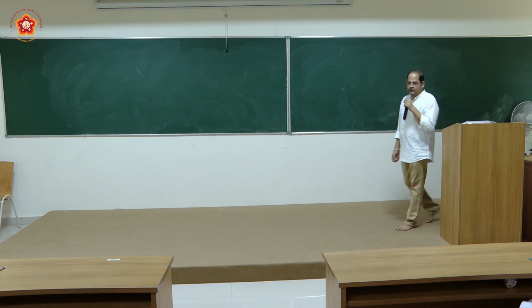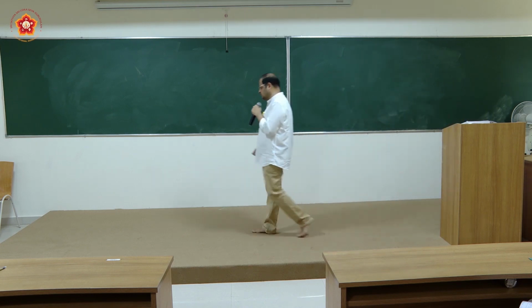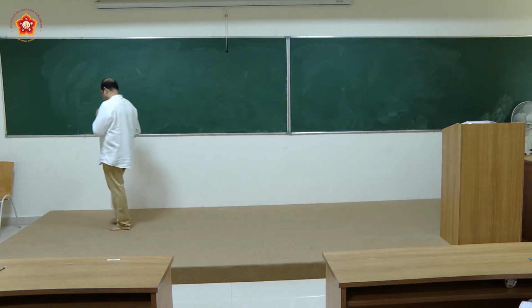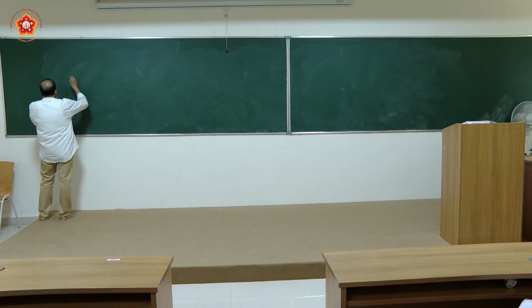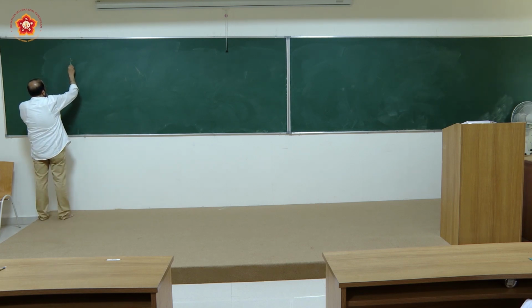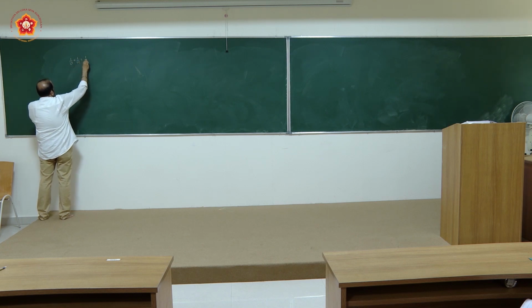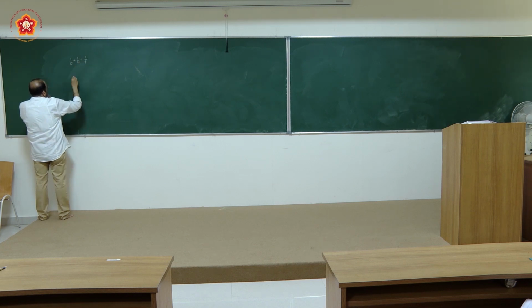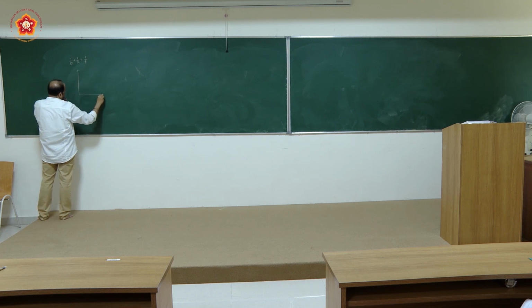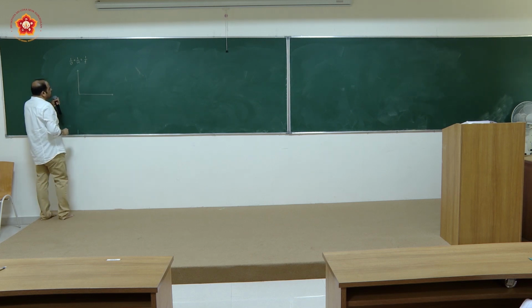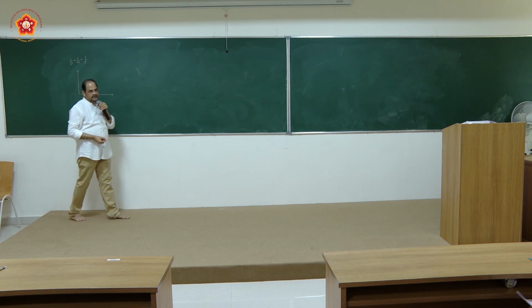So what is the mirror formula? So you are having a mirror formula 1/v plus 1/u is equal to 1/f. Now plot the graph between v and u, or 1/v and 1/u.